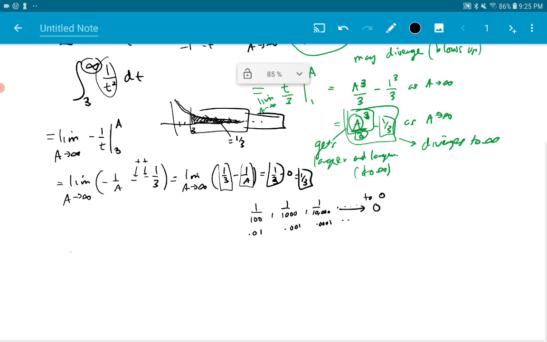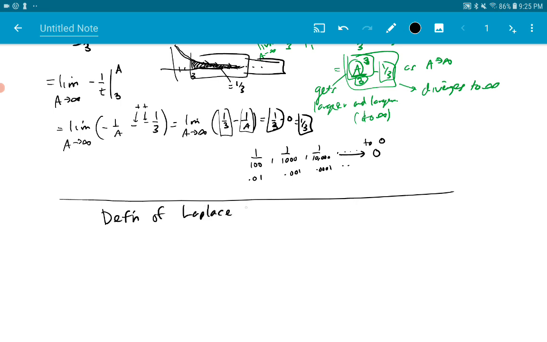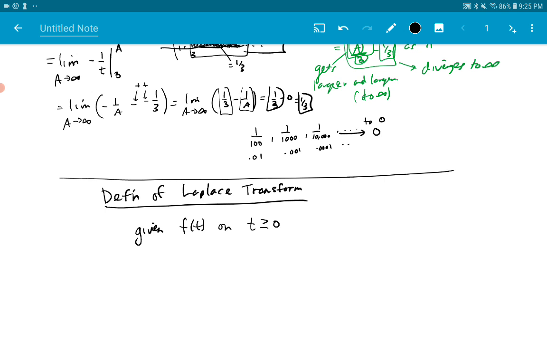All right, so the reason why we talked about that is because the definition of the Laplace transform, which we'll do next, is in fact an improper integral. Sorry, it should say transform. So Laplace transform. Okay, so here's the definition. You have to start with a function f of t, where t is defined for any number greater than or equal to 0.